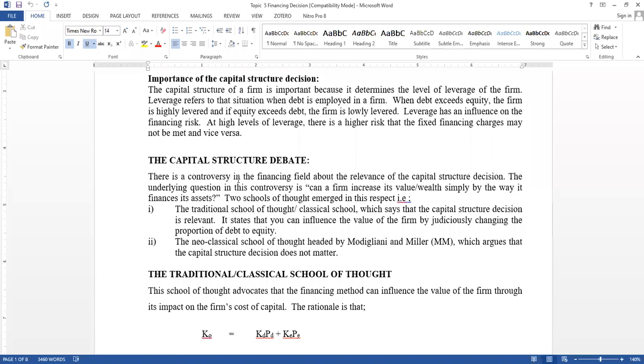How many of you have taken time to go through this area? Because the capital structure debate is very, very key. How many of you have gone through this? Can I know?